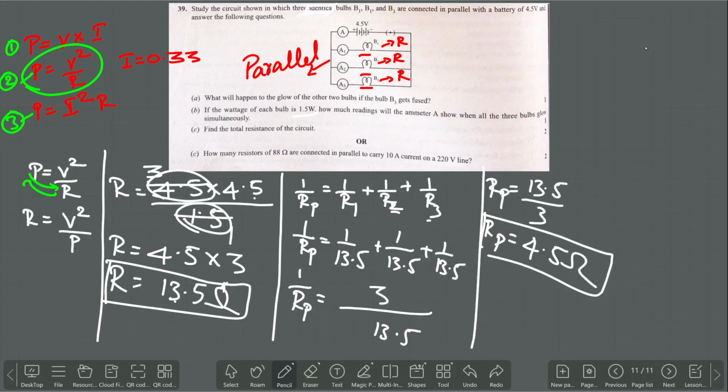Next, last question. How many 88 ohm resistors are connected in parallel to carry a current of I is equal to 10 ampere, V is equal to 220 volt, and the resistance of each resistor is going to be 88 ohm. We need to calculate the number of resistors.